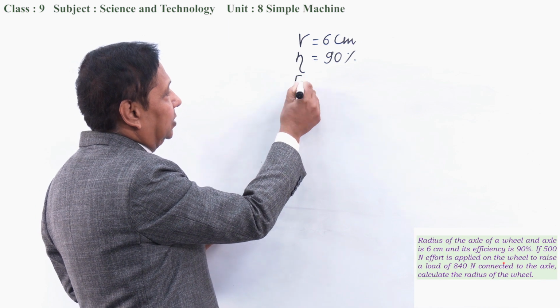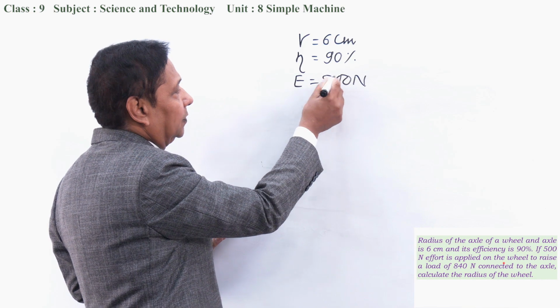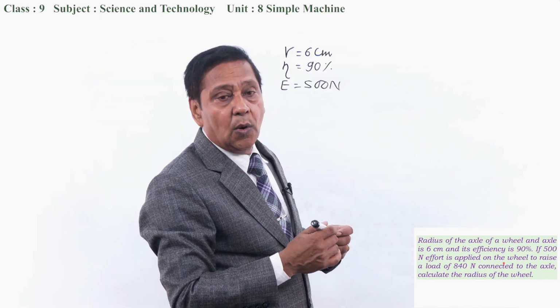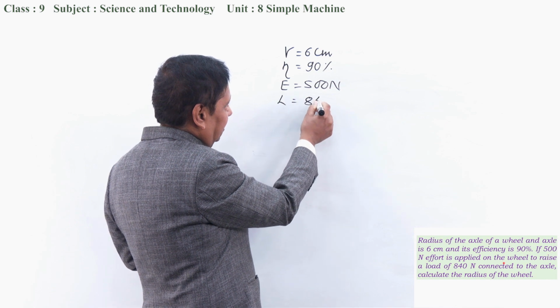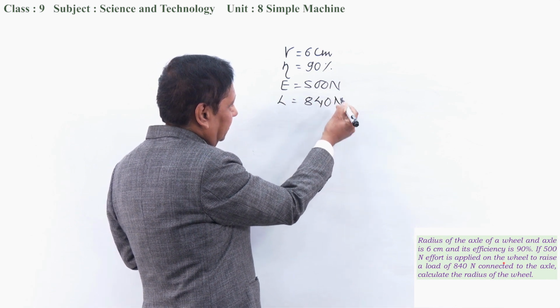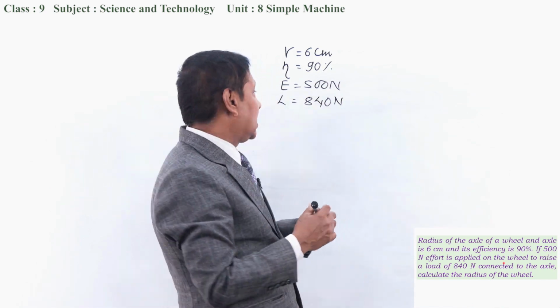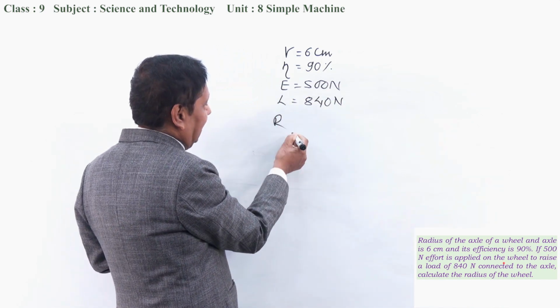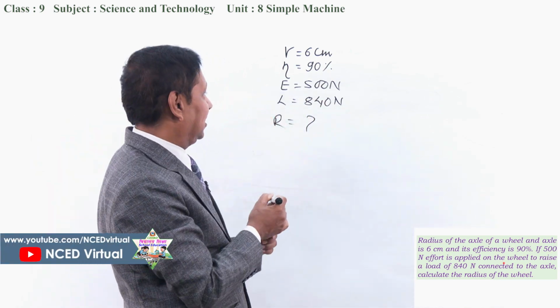Effort can be denoted by E. This is 500 Newton. Another information is the load. Load is 840 Newton. Now there is a question. What is the question? Radius of the wheel. It is denoted by capital R. What is the value of capital R? We are going to find out capital R.